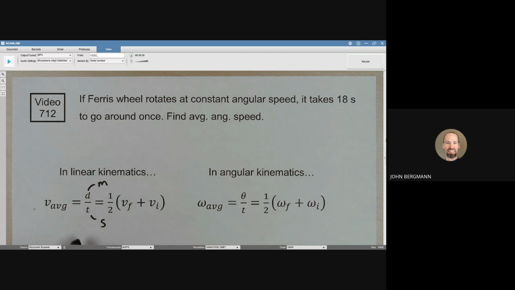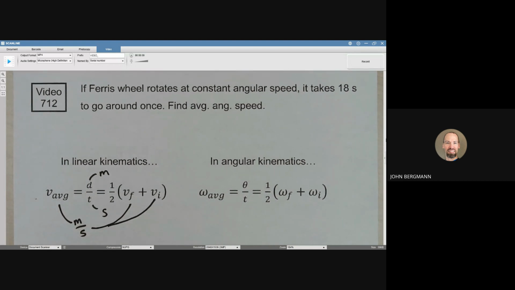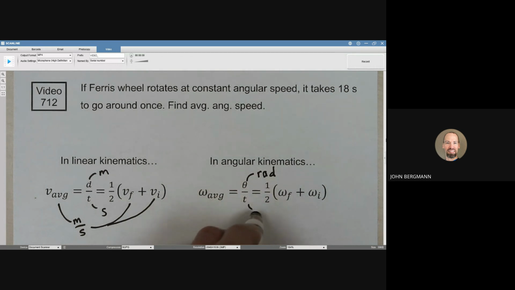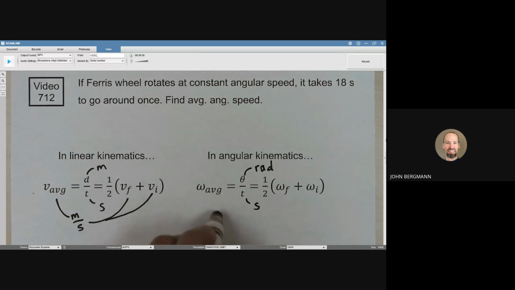And that meant that the velocities previously were in meters per second. In sort of the same way, angular displacement is in radians. The time is still in seconds, which means that angular velocities are going to be not in meters per second, but in radians per second.